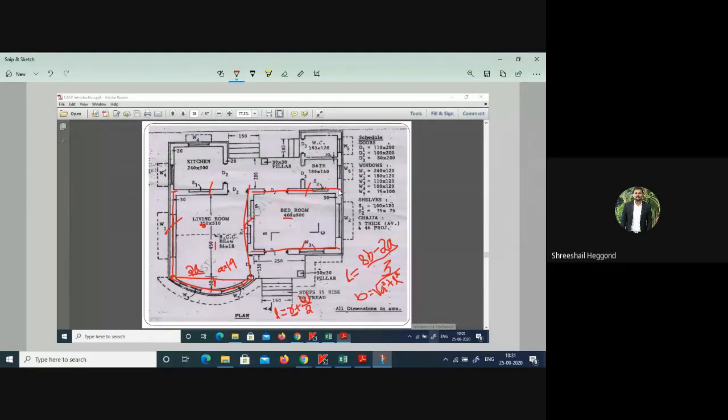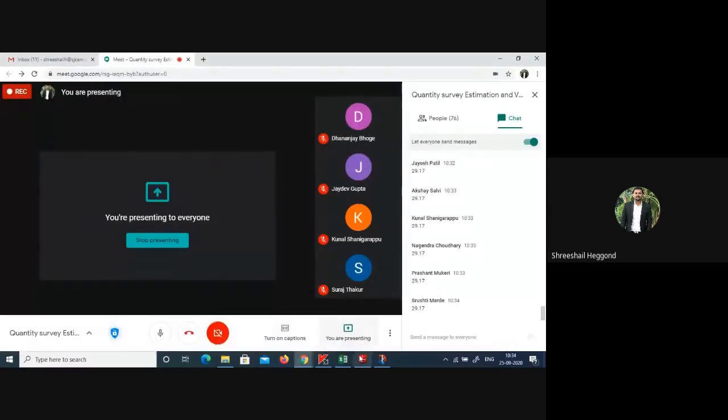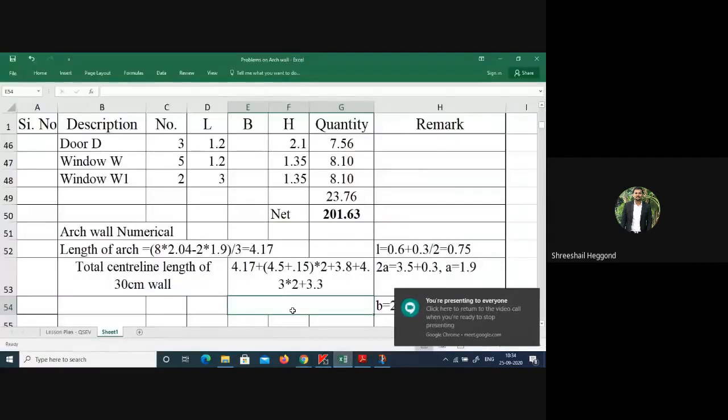Only remaining wall is this wall. Only the 30 centimeter wall we are considering. Therefore, this wall internal length is 3 meter, and center to center, that will be 3.3 meter. Therefore, you can write plus 3.3, which gives 29.17, as everyone is calculating.